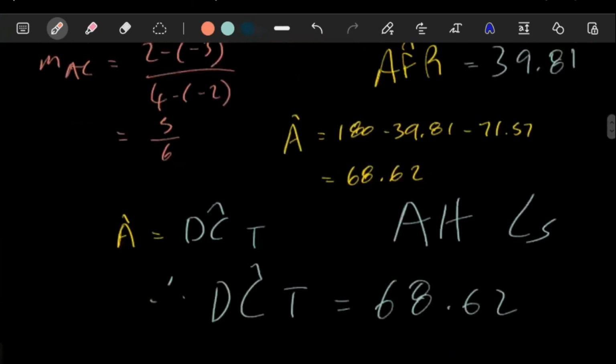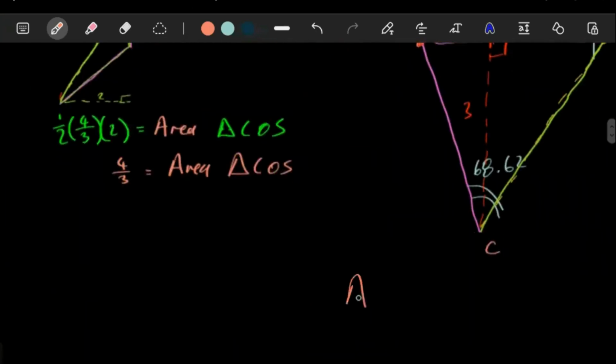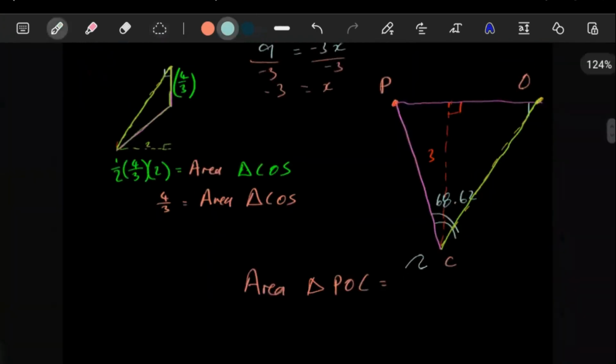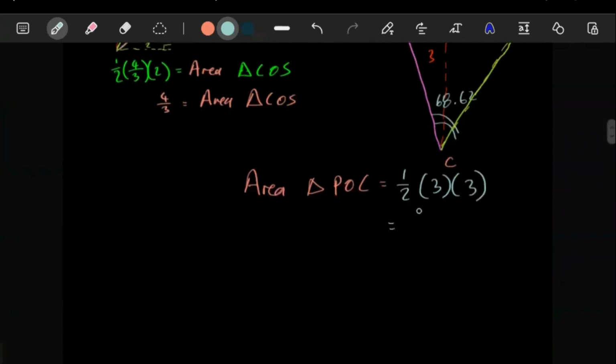So the area of triangle POC is going to be equal to a half. The base here is just 3, and the perpendicular height there is just 3. It's like 6 divided by 2, so that's 3.